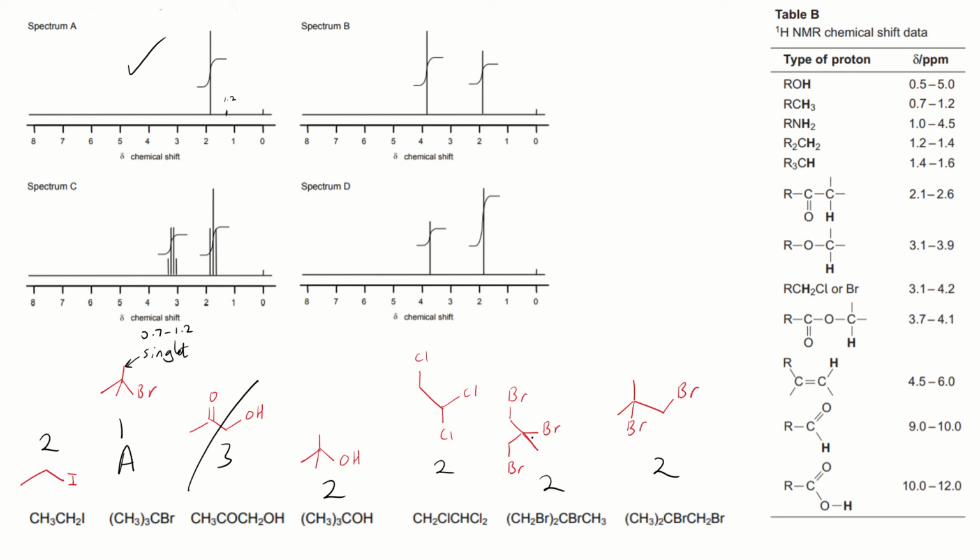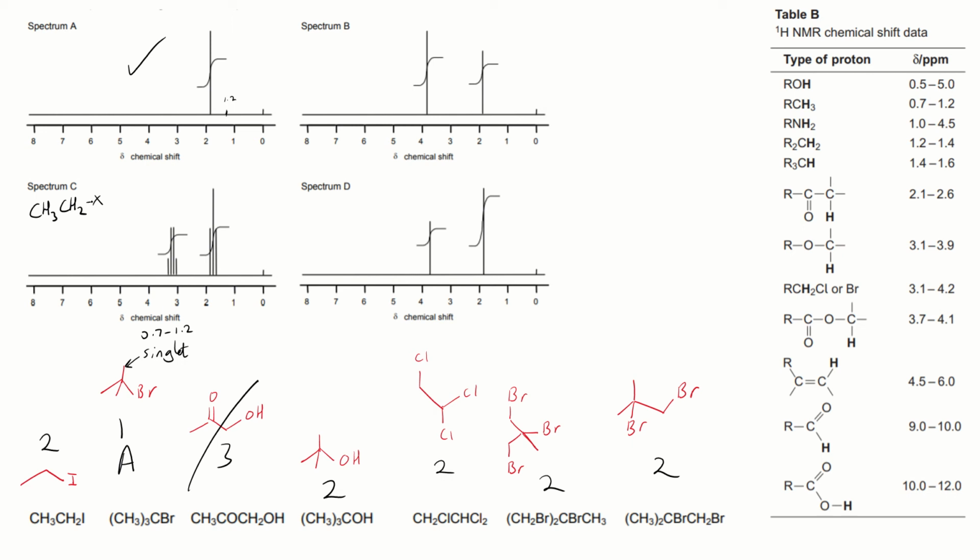Now in terms of the others, all of these have got 2 environments, so it's fairly tough to match them. Now, what I like to look for, these triplets and quartets, they're quite nice to spot on spectra because the easiest way to generate those is a CH3 and CH2 next to each other.